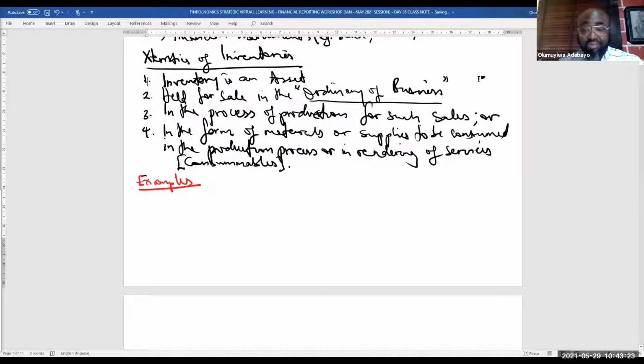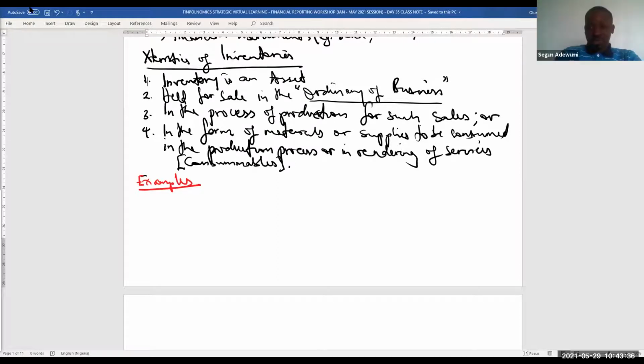I need examples from you guys. Inventory of materials. What do you mean by inventory of materials? Okay. I need those items. Example of inventory can be cars acquired for sale.